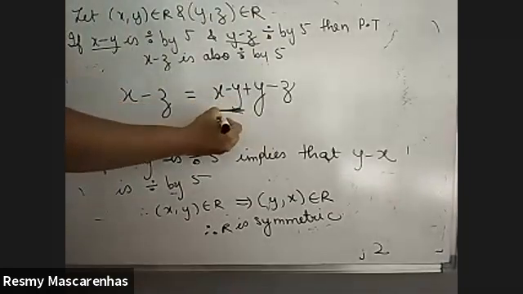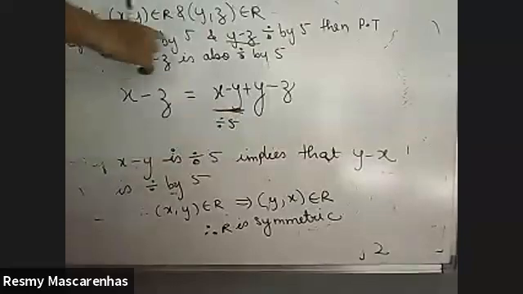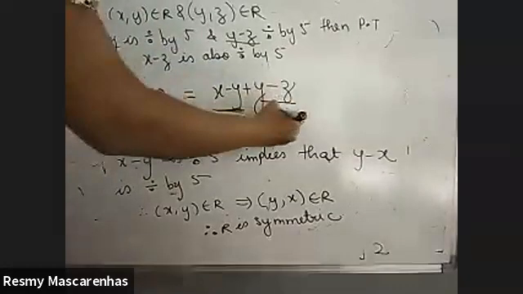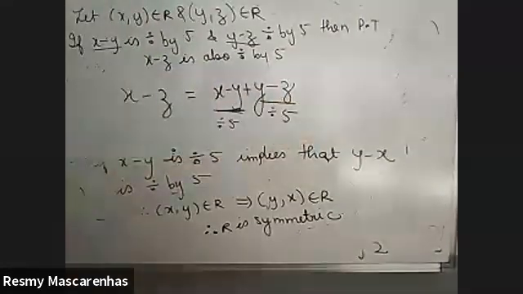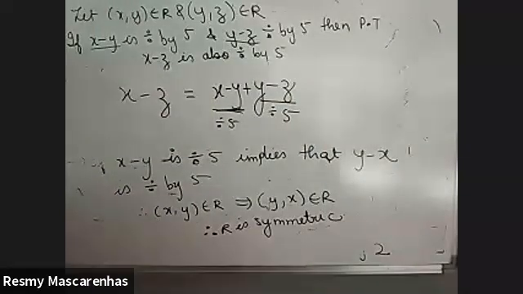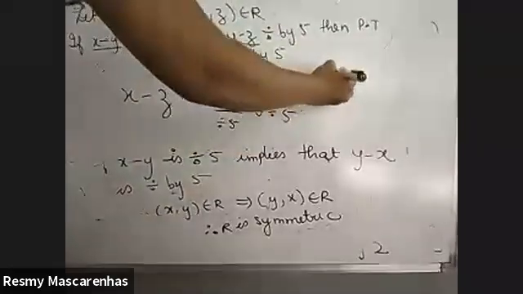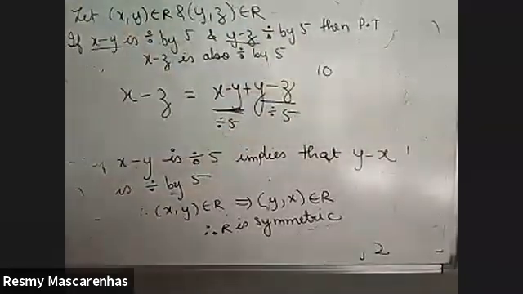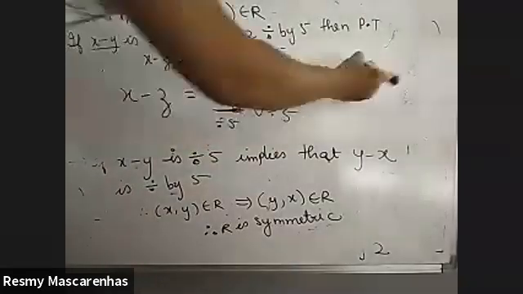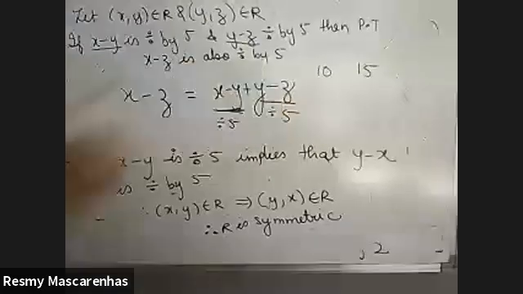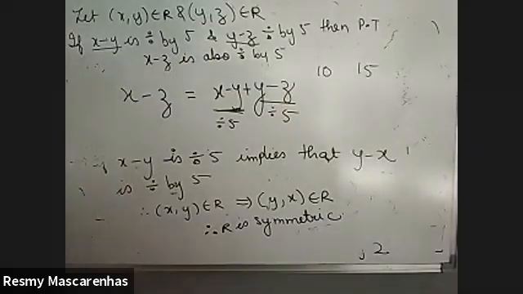This number is divisible by 5, you know that. This number is also divisible by 5. When you add two numbers which are multiples of 5, consider if this number was 10, it could be divided by 5. Consider this number was 15, still it can be divided by 5.